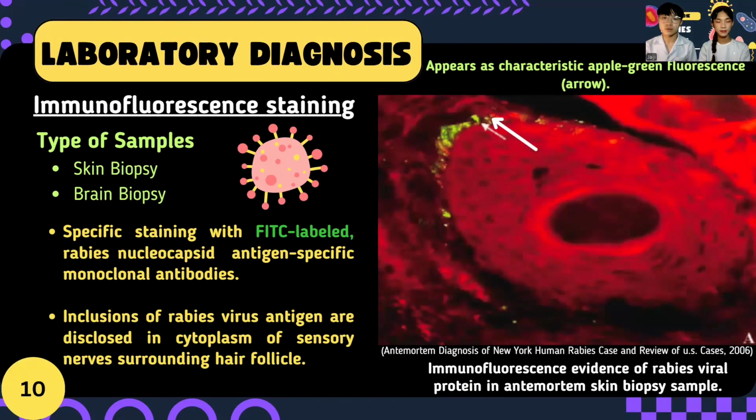In the right-hand picture, the green shows inclusions of rabies virus antigen disclosed in the cytoplasm of sensory nerves surrounding hair follicles. The arrows show the apple-green color.